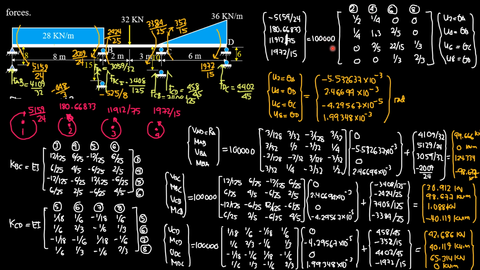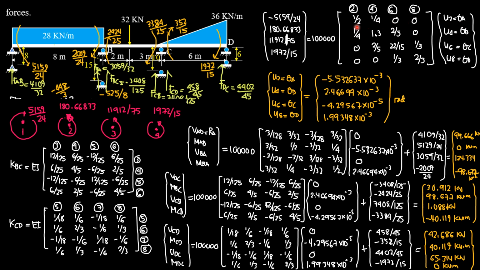EI is 100,000, and we have 22 in AB there. I think it is 1/2 for 22: 4 times 1 divided by 8 is 1/2. Then 24 is 1/4. You just look at there.